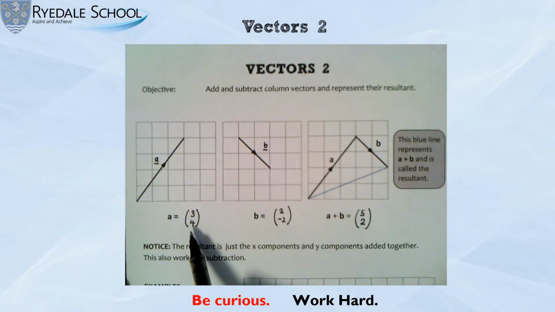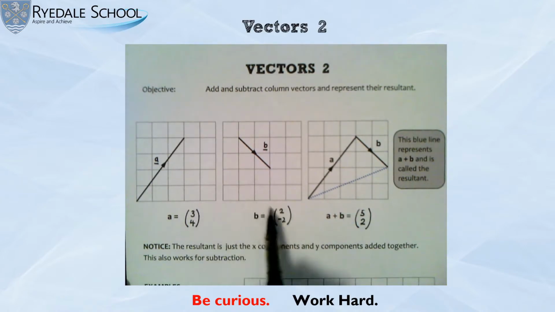And if I look at the y components, 4 add negative 2, so that's like 4 subtract 2 equals 2. So we can just add the x components and the y components to get the resultant vector. And what we're going to see in a moment is this also works for subtraction.